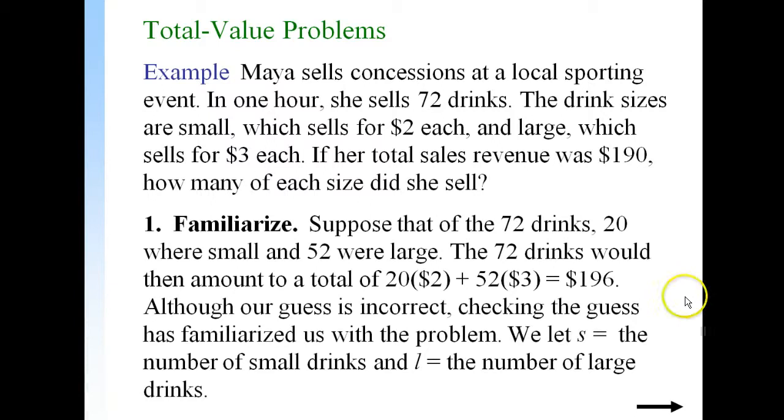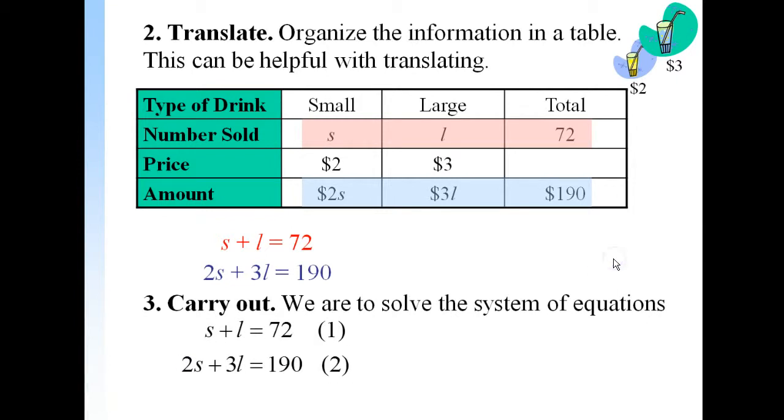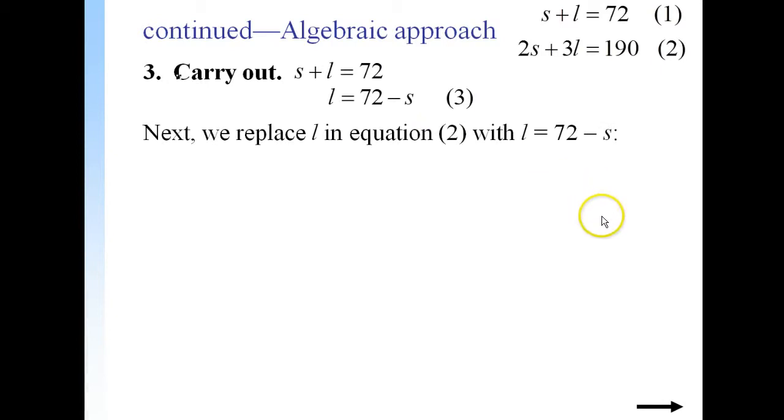So we read it slowly, got an idea of what we could label the drinks, and here again they're using S and L, that's good. And there basically is your first equation here, and your second equation there. There's the first, there's the second, and now we solve. Now we could have used, and I see they use, substitution. They solve for the letter L. That's good, because we did it the other way. Let's see what they get for an answer.